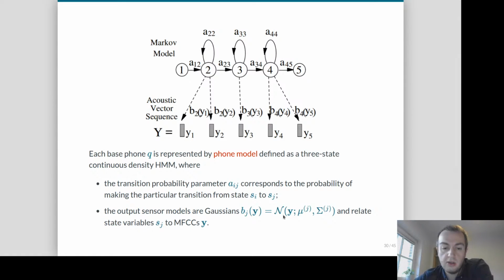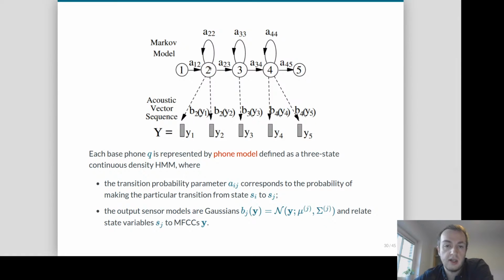So this is how we are finally able to relate the Y values that you observed to states in phones, and since states in phones are related to phones, that means we relate acoustic vectors to phones.